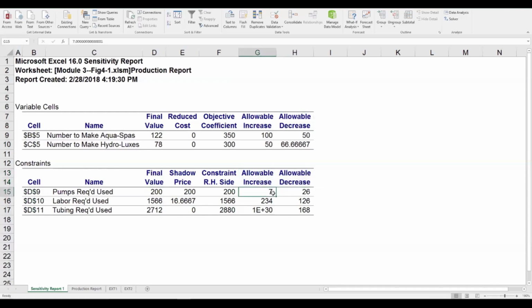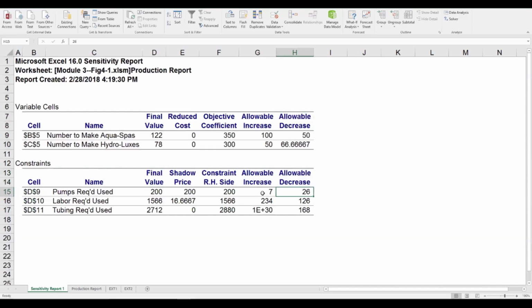For the pump constraint, we have an allowable increase of 7 and an allowable decrease of 26, which means for the range of feasibility, the lower bound will be 200 minus 26, which is 174, and the upper bound is 200 plus 7, which is 207.